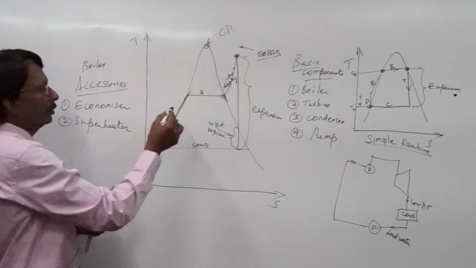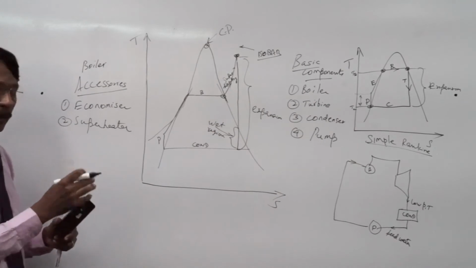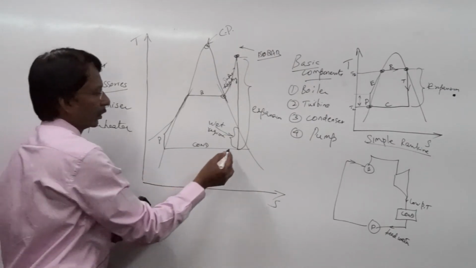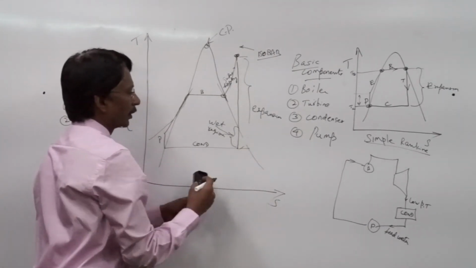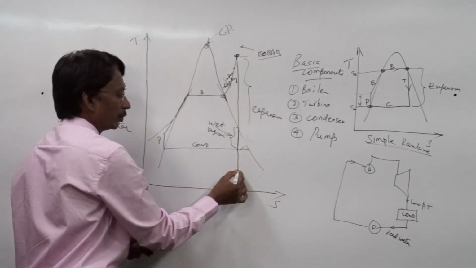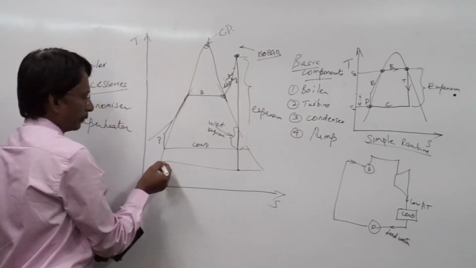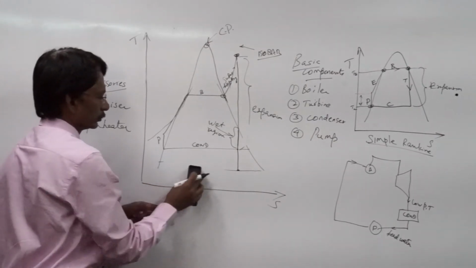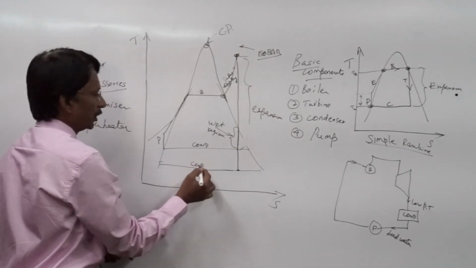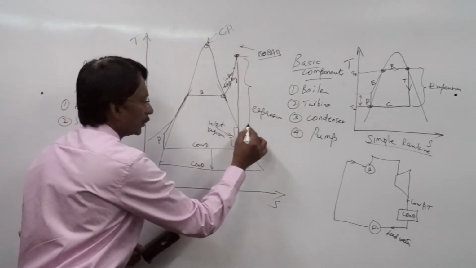Now, we have increased the temperature of steam. Look at another methodology of increasing the efficiency. Now, I'll be able to get a greater expansion, let us say till this point, if I'm able to bring the condenser portion here. If my condenser can come here instead of here, I bring it down, I'll be able to get still greater expansion.